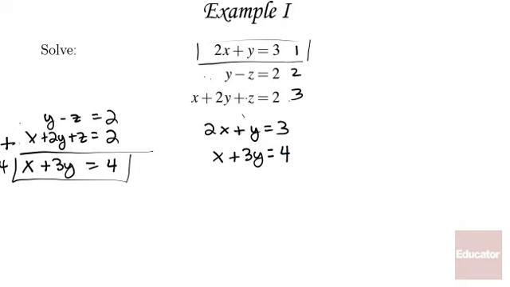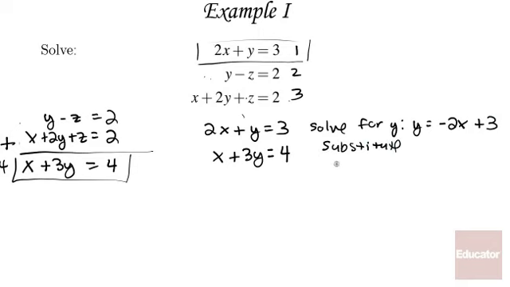I can use substitution. That would be fine because I have a coefficient of 1. So here I'm going to solve for y. This will give me y equals negative 2x plus 3. Then I'm going to substitute into this equation. So I have x plus 3 times negative 2x plus 3 equals 4.